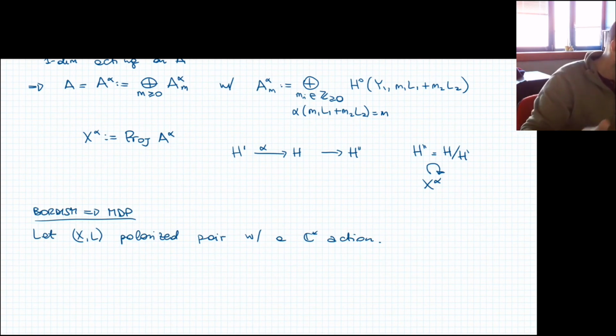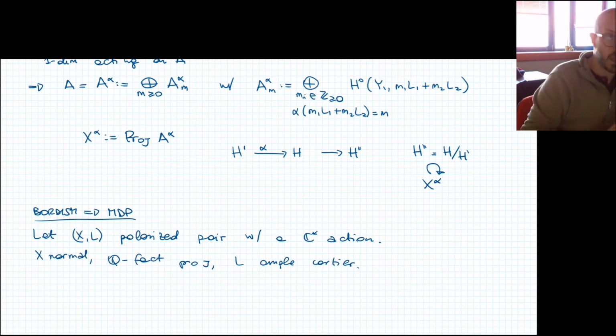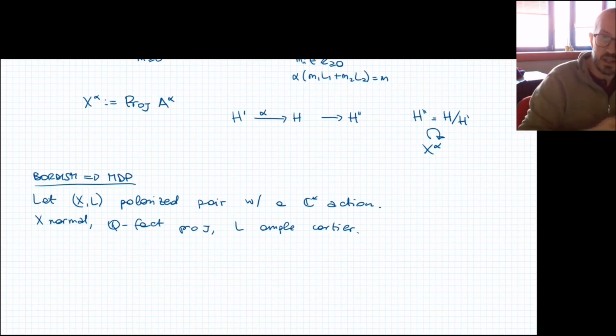So we take a polarized pair with the sister action, X normal, Q-factorial and projective, L ample Cartier. Assume as before the criticality is R and all the other things.